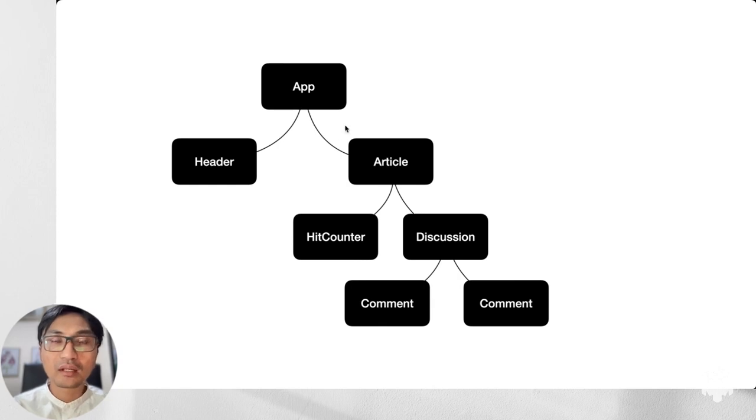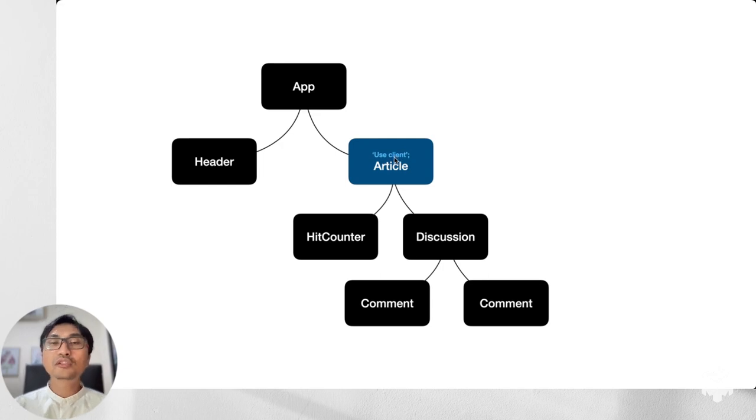So for example, here we have the component tree for the app, and we have header and article and other components below that. We want to make article and the components below that a client. So first, what we do is add use client into the article. By using use client on this article component, we actually transform this article component into a client component.